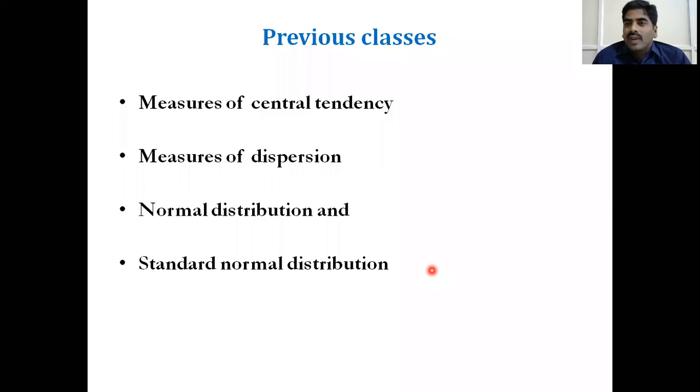But if you want to find the area between two ordinates, you have to convert normal distribution into standard normal distribution, and standard normal distribution tables are there. By using the table values, we can find the area between any two ordinates. These are the topics I already covered in the previous classes.